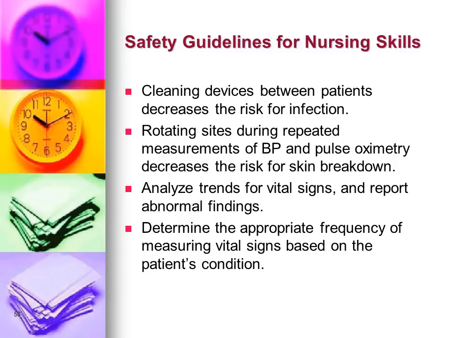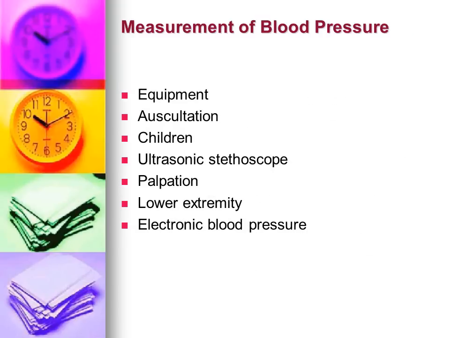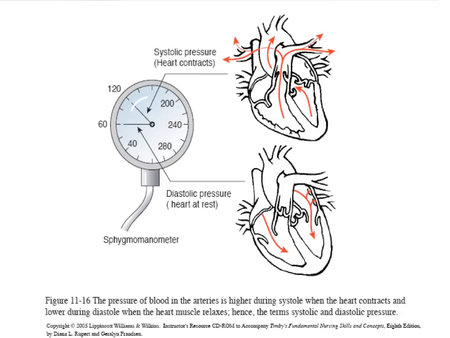Remember, I said at the very beginning that RNs have the autonomy to decide how often they need to check those vital signs. And so the measurement of blood pressure, we're going to talk about the equipment, auscultation, palpation, lower extremity, electronic blood pressure, all of this in our skills lab.